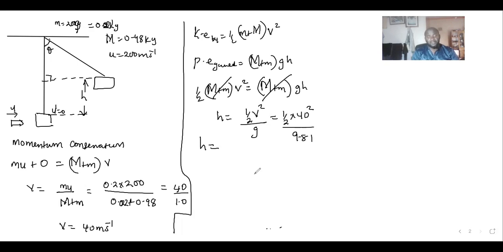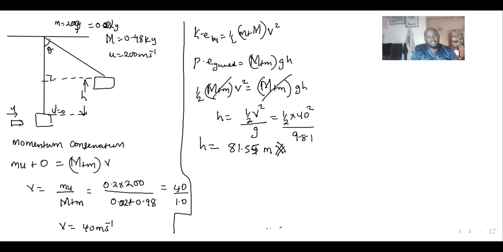We are going to get everything, even the angle. Hey, no, we don't have the angle. The height is 81.5455 meters.